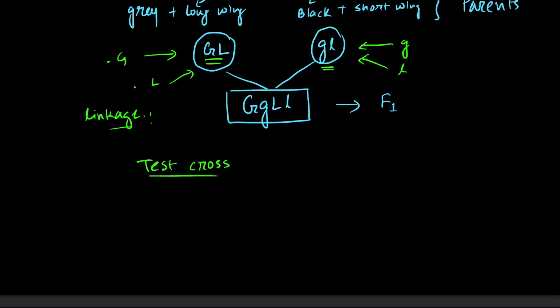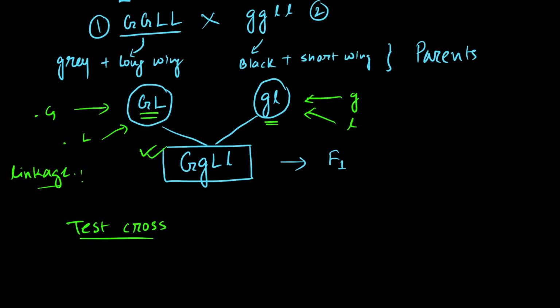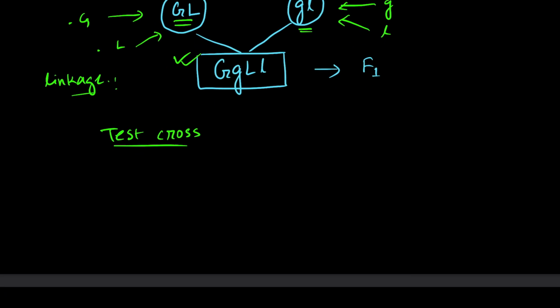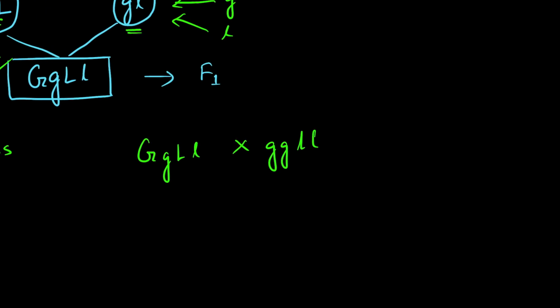So now what Morgan did was he performed a test cross. And in test cross, we usually cross the filial one or the progeny with the homozygous recessive one. So he made a cross between capital G, small g, capital L, small l, that is the filial one, with small g, small g, small l, small l, the recessive homozygous one.